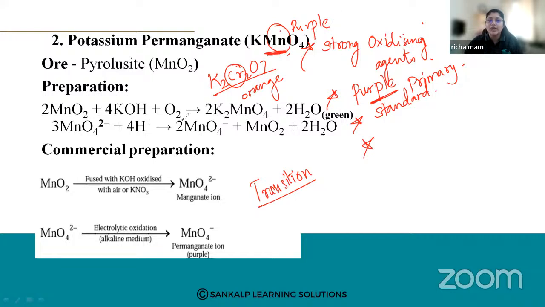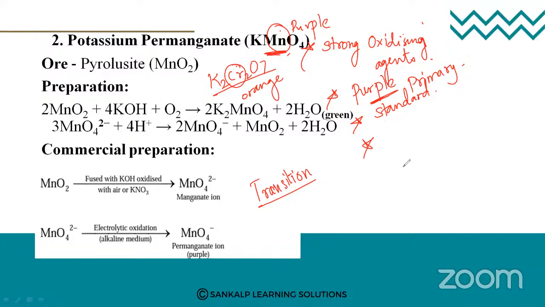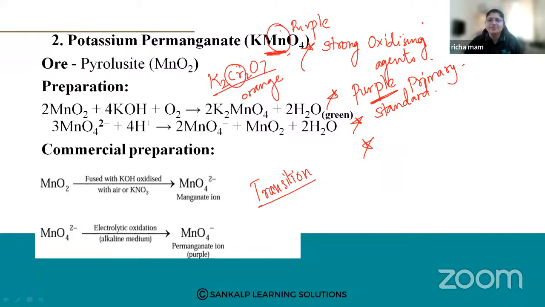We have discussed this in the properties. Why are transition metals showing these colored complexes? You can see it right now. Potassium permanganate is purple in color, and potassium dichromate is orange in color. See here.